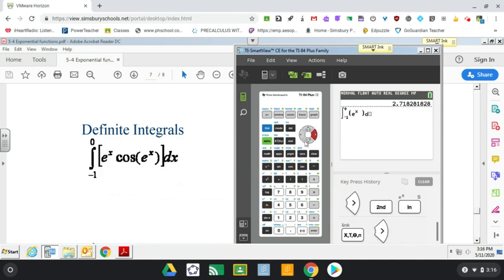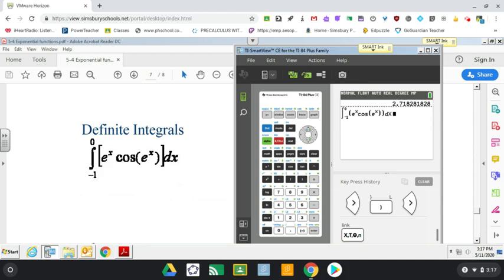I have to go over, cosine e to the x. Okay. You can close parentheses because it'll close out the cosine function. And then it's in regard to x, so you type in x there.